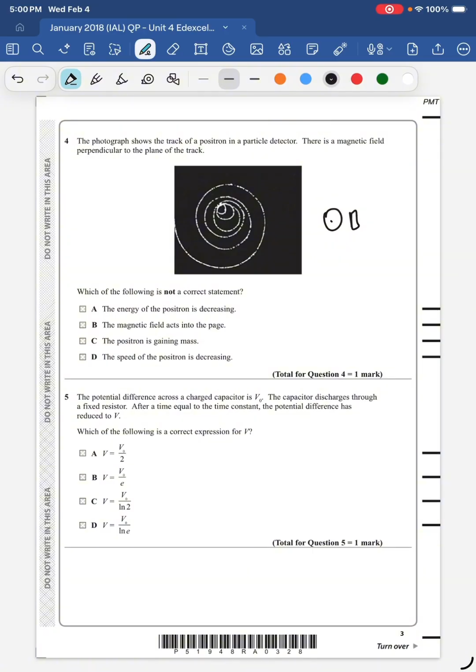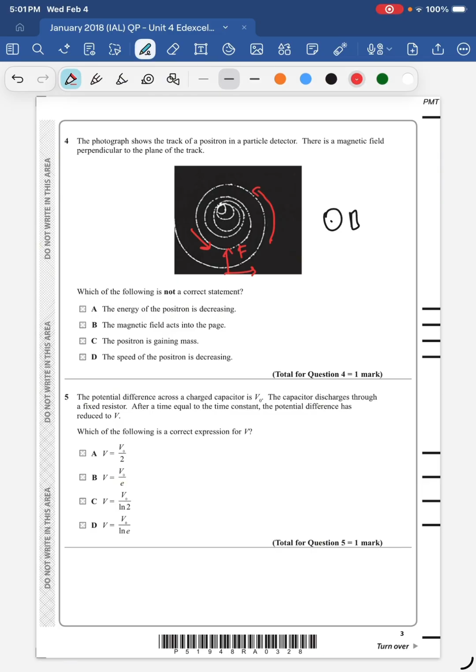The direction of motion of the positron is to the right, and we know this because it spirals inwards and it's losing energy as it spirals. If we put our middle finger in the direction of the velocity, we see that the force is upwards, and that's true actually, because that's the centripetal force that makes this spiral motion possible for the positron.